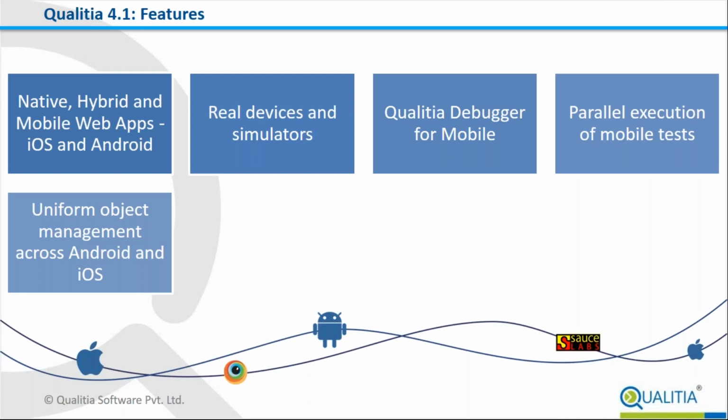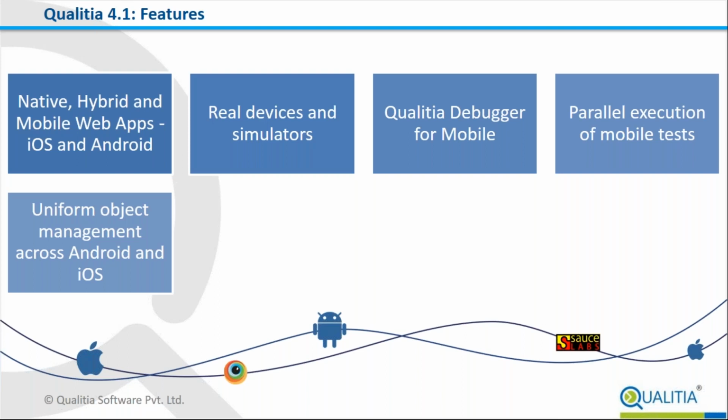One other thing that we are excited to launch along with 4.1 is our capability of managing objects in a uniform manner across Android and iOS. You, as a user, do not anymore need to remember what object type in iOS or what object class in Android actually mean a mobile button, for example.